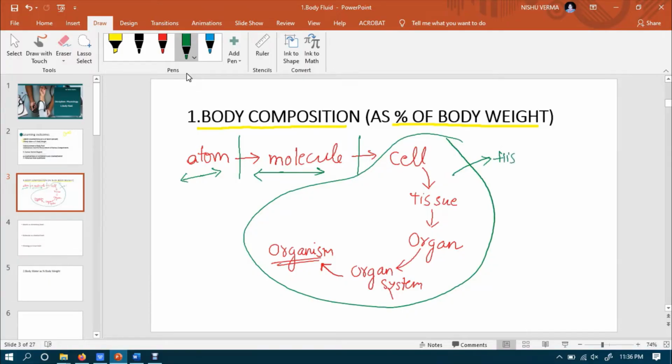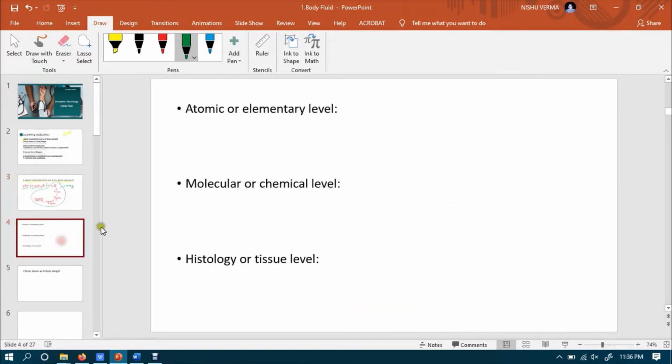First is the atomic or elementary level, second is the molecular or chemical level, and third is histology, or the tissue level. So we can consider body composition at three levels: the atomic and elementary level, the molecular or chemical level, and the histological or tissue level.